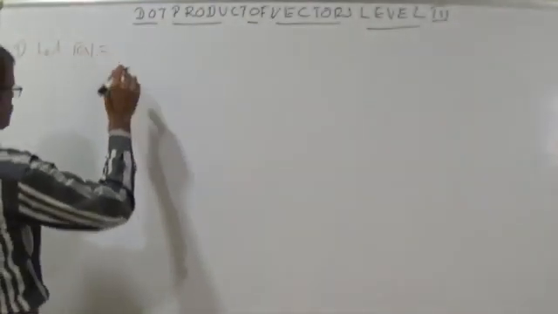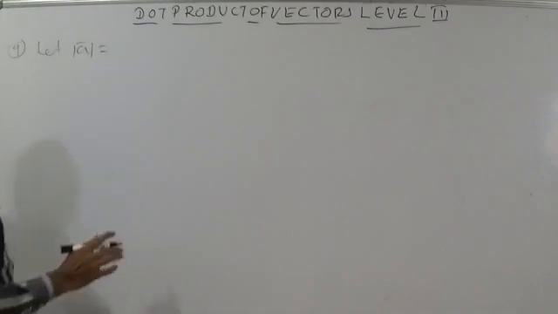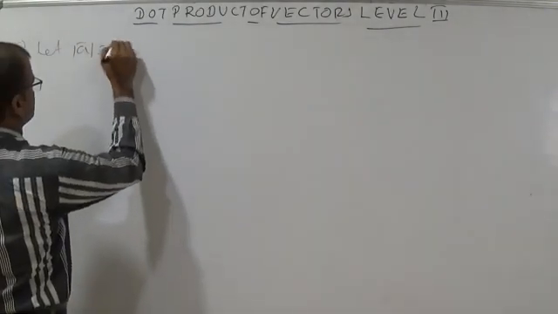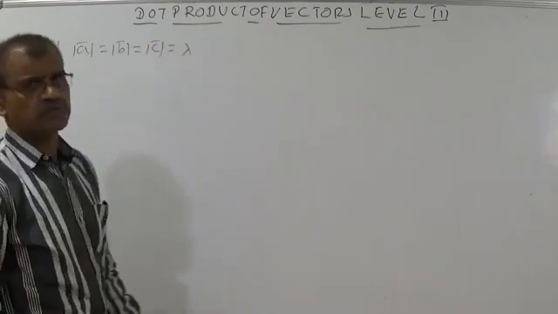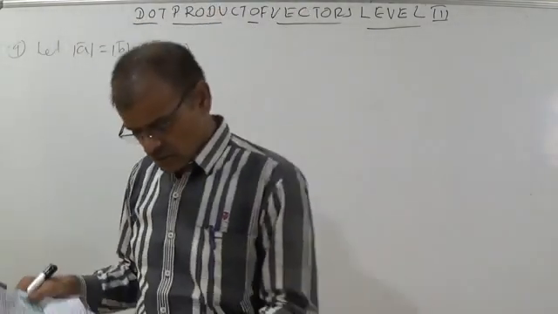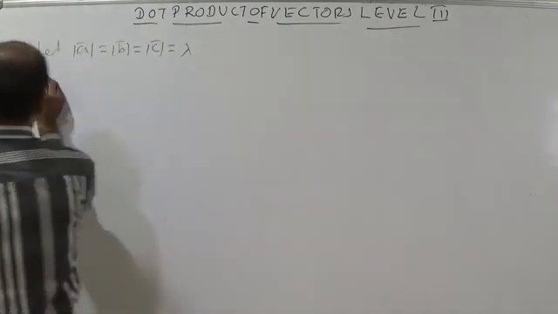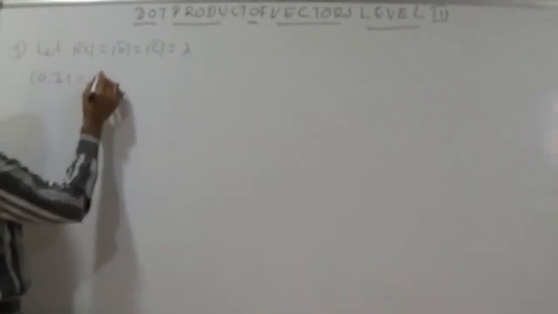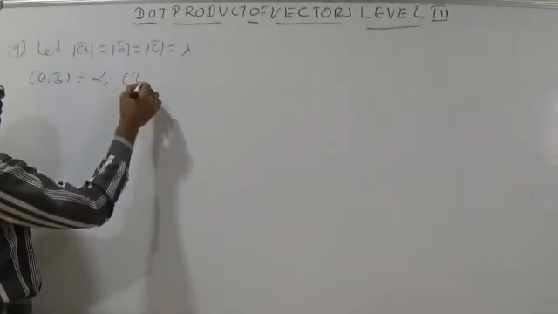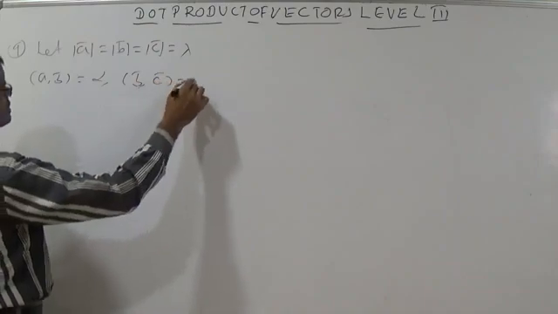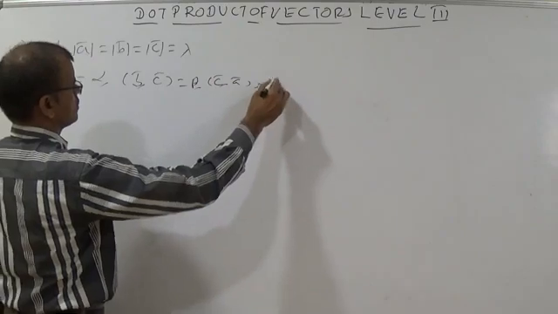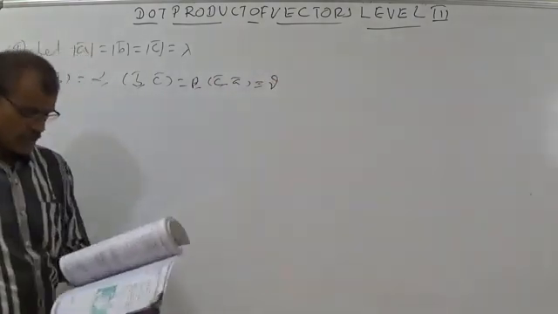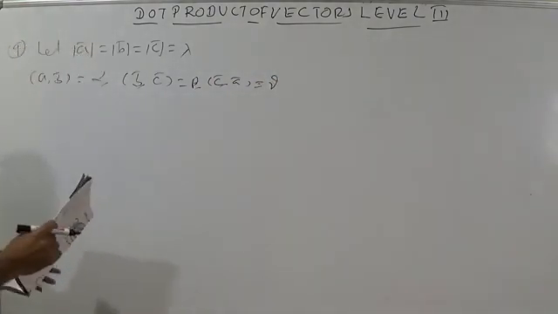Let mod A is equal to mod B is equal to mod C is equal to lambda, you can put any number, it is a scalar. Next data: angle between A bar, B bar is alpha, angle between B bar, C bar is beta, angle between C bar, A bar is gamma. Now we should calculate cos alpha plus cos beta plus cos gamma.